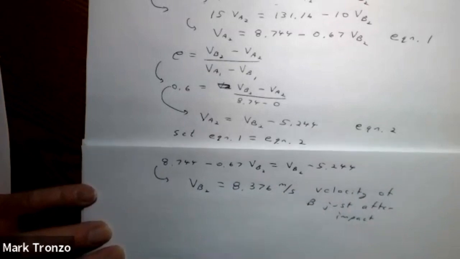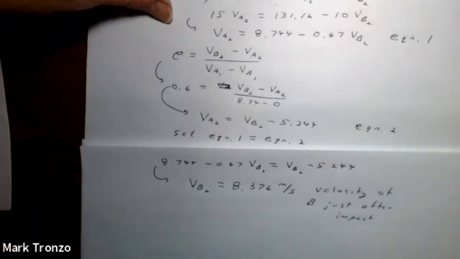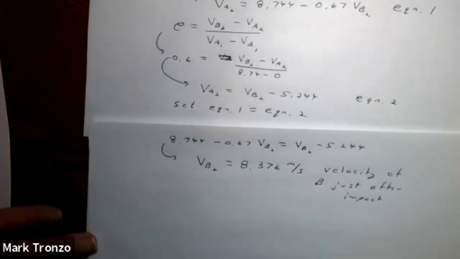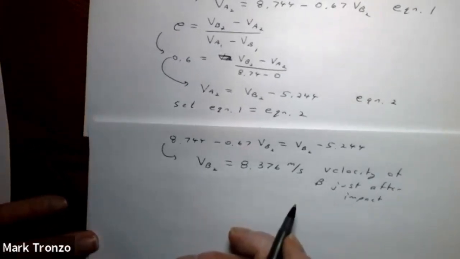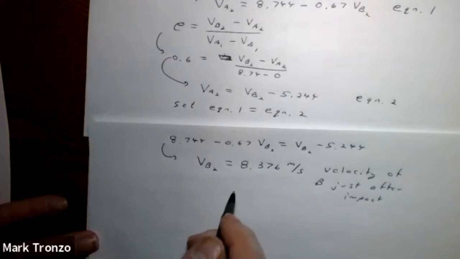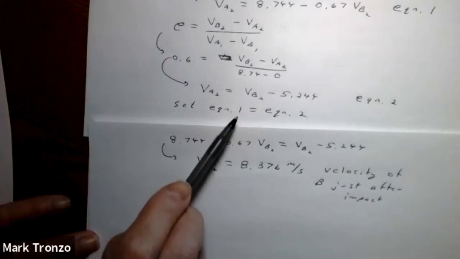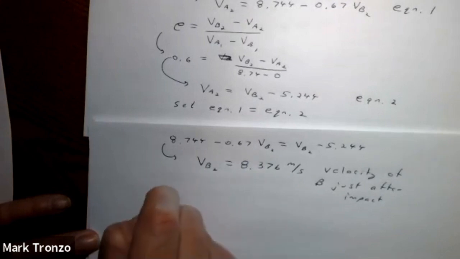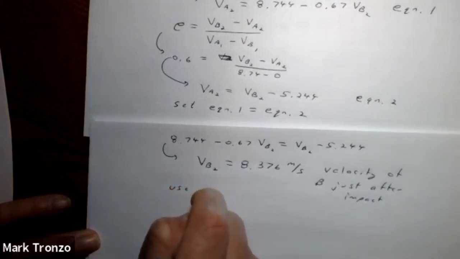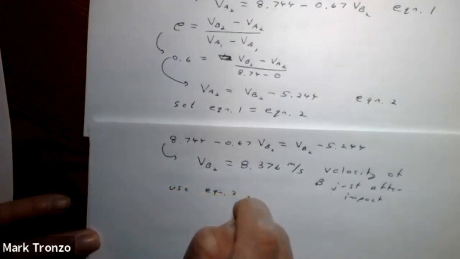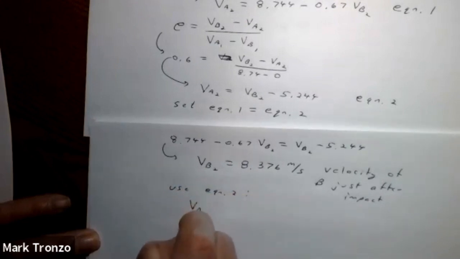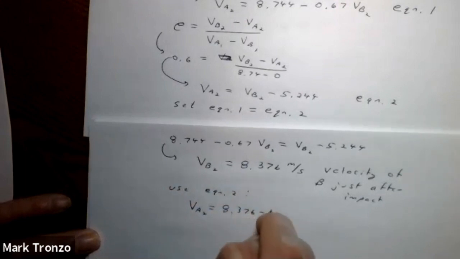Now we probably won't need it, but just to be sure that everything seems reasonable, we should see what's happening with A. So we can probably just use equation 2 and find the velocity of A after impact, and that's going to be 8.376 minus 5.244.